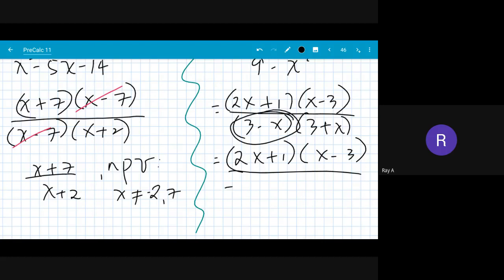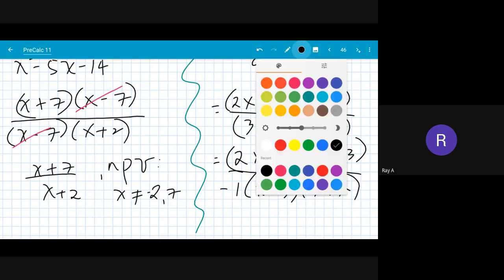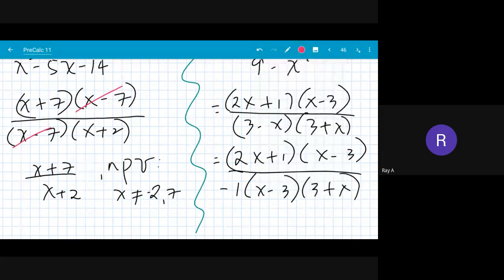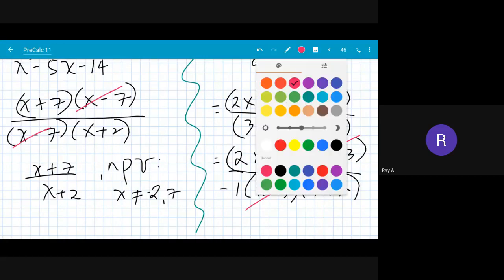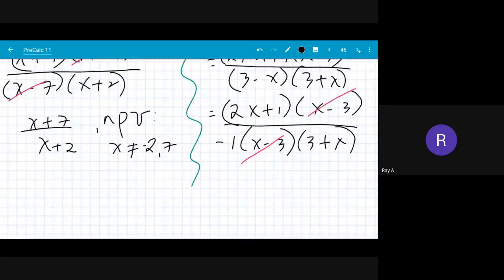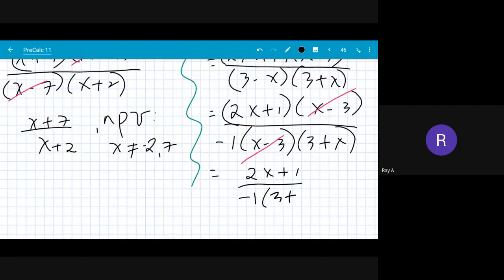So it becomes negative 1 times x minus 3, we switch them around, times 3 plus x. Now we can cancel these two. And what is left? 2x plus 1 over negative 1 times 3 plus x.